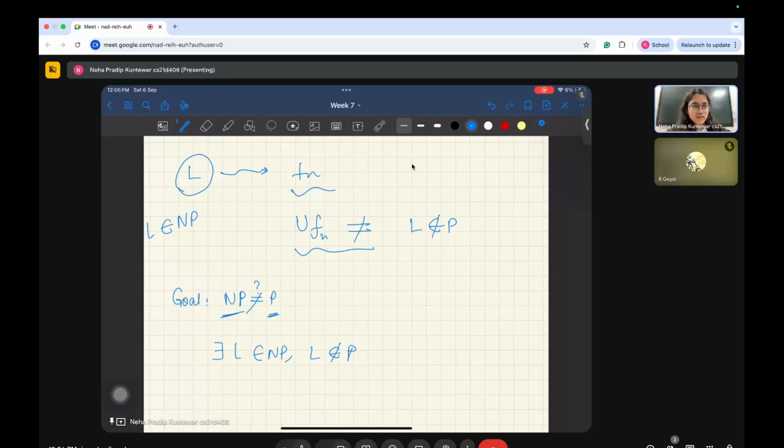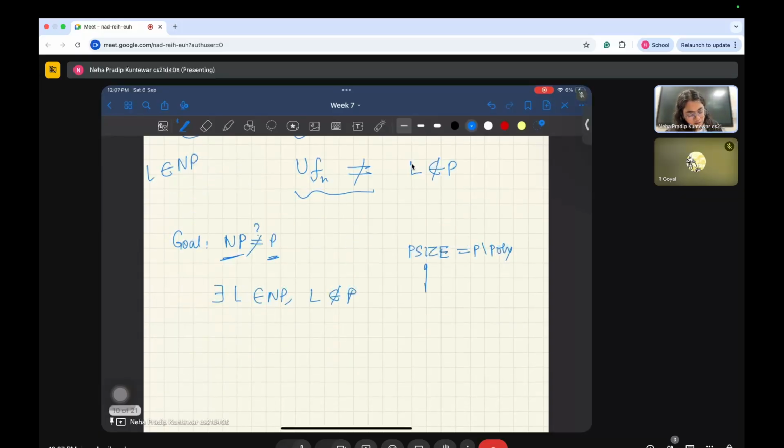But in terms of circuits, we never talked about time as such. We talked about size. So there is this class called P-size, which is the same as P/poly, two different classes but they happen to be the same. The definition of this class is that P-size is the set of all functions such that f has a polynomial sized circuit.